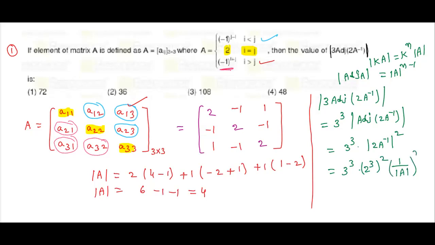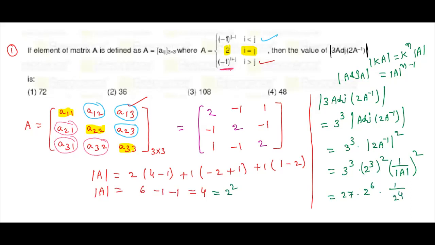Now 3 cube is 27, next 2 cube whole square, that is 2 power 6, into 1 by det A, whose value is 4, that is 2 square. 2 square whole square, 2 power 4.